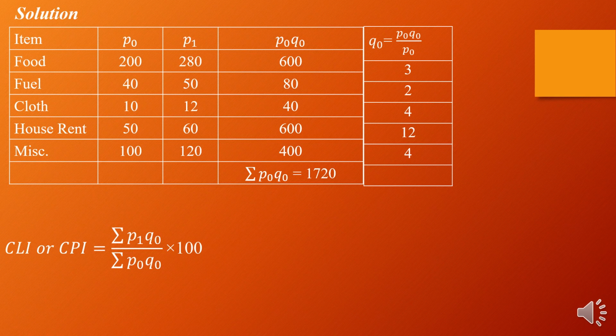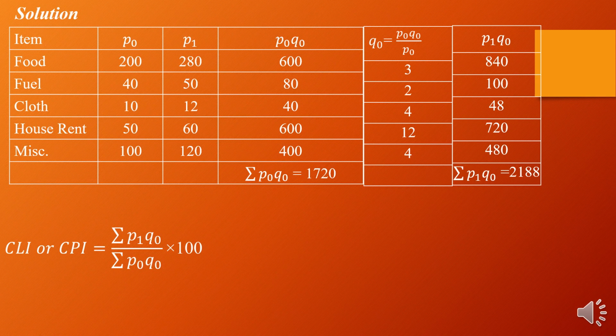Now we can calculate the required items, P1 Q0 and P0 Q0. For P1 Q0: 3 into 280 is equal to 840, then 2 into 50 is 100, then 4 into 12 is 48, and 12 into 60 is 720, and the sum of that is 2188.